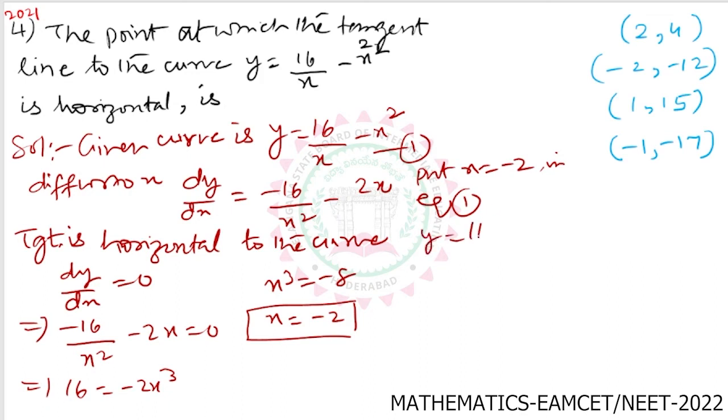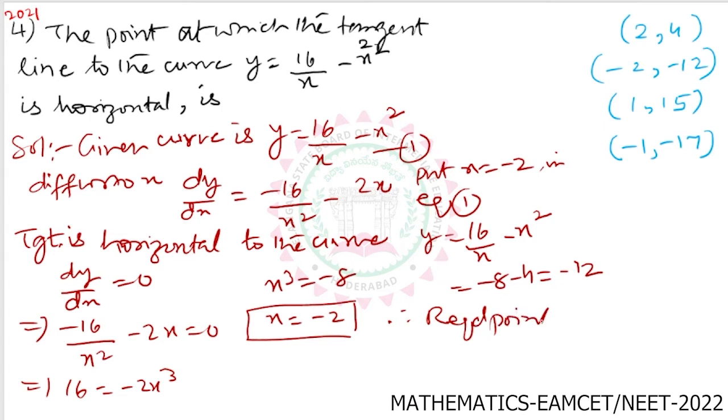So this is nothing but y = 16/x − x², which gives me 16/(−2) = −8, minus 4, which is equal to −12. Therefore, the required point is (−2, −12). So which is the correct option? Yes, second option, (−2, −12) is available in the second option. Therefore, my answer is second.